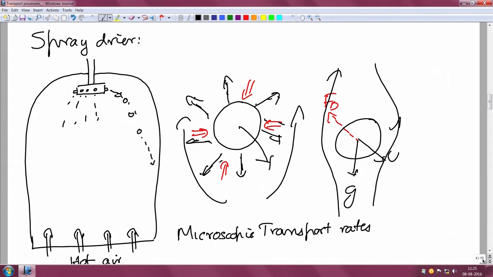That is where we have to focus our attention. Look at the heat transfer, the mass transfer, and to find out how long it will take for the droplet to hit the wall, we need to know what is the velocity with which the droplet moves as it moves through the fluid. And that is a problem of momentum transfer. Okay.